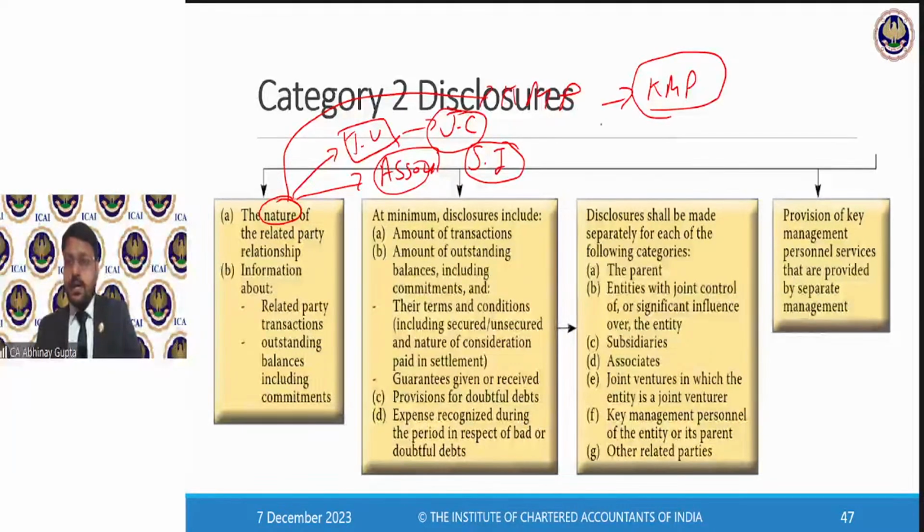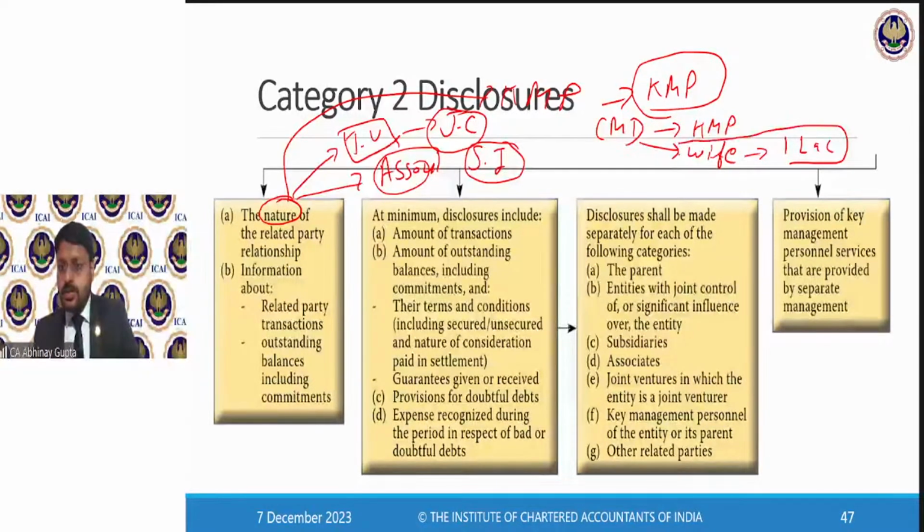So for example, if CMD is my KMP, anyway, it is a KMP, correct? Then CMD's wife or CMD's close family members with whom I have entered into the transaction. For example, CMD's wife has provided any professional services to the company for which she raised an invoice of rupees, say 1 lakh, right?